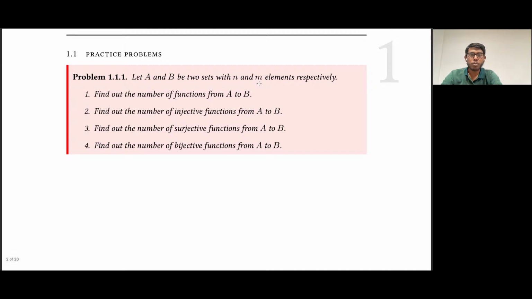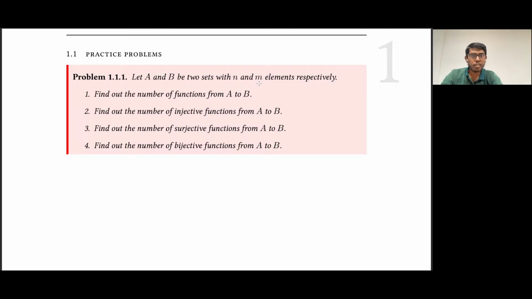So this is problem one. This type of problem was asked in NET various times: how many surjective functions are there, how many injective functions are there, and it was indeed asked in NBHM MSc also.